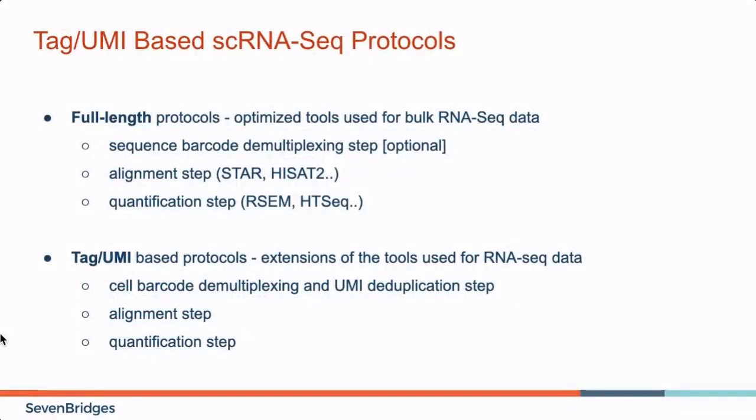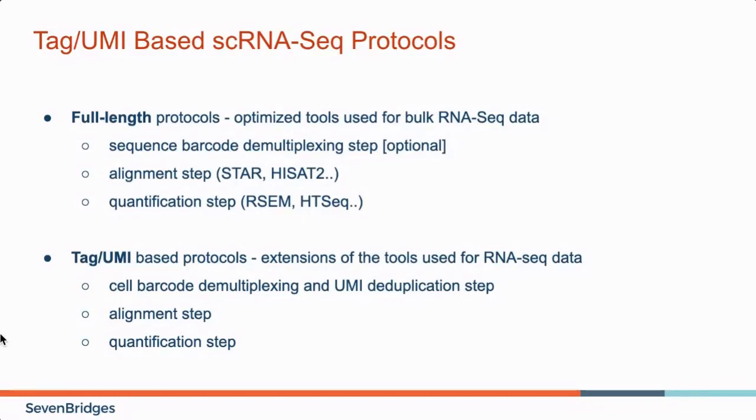So tools for processing full-length single-cell protocols are pretty much the same ones used for processing bulk RNA-seq, but optimized for single-cell data. Data produced with full-length protocols may come already demultiplexed, where each pair of FASTQ files carries raw sequencing reads of a single cell.